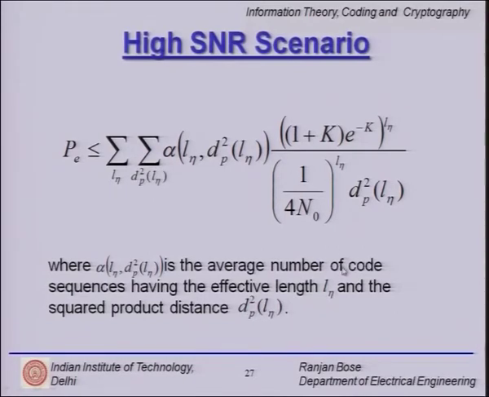So, please note we are doing sequence by sequence decoding, and we have come across a set of sequences which have the effective length L_eta and a corresponding squared product distance d_p squared.